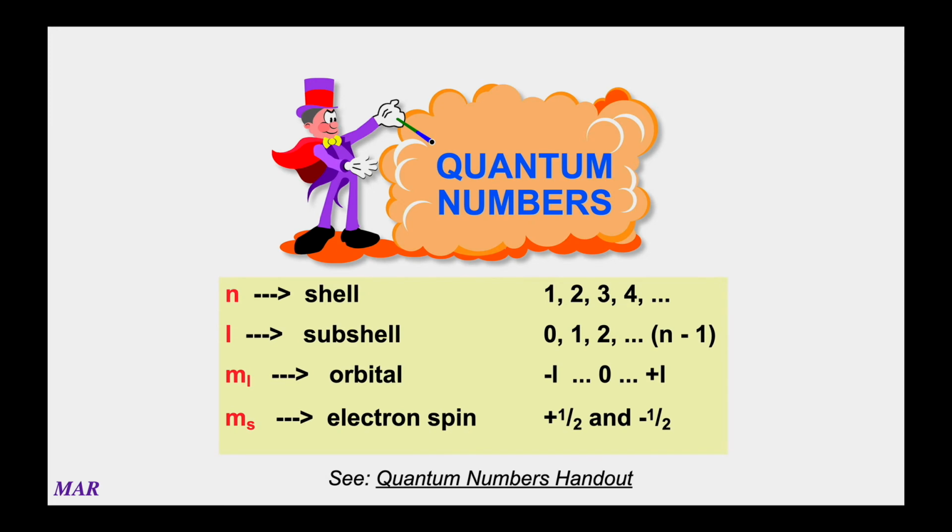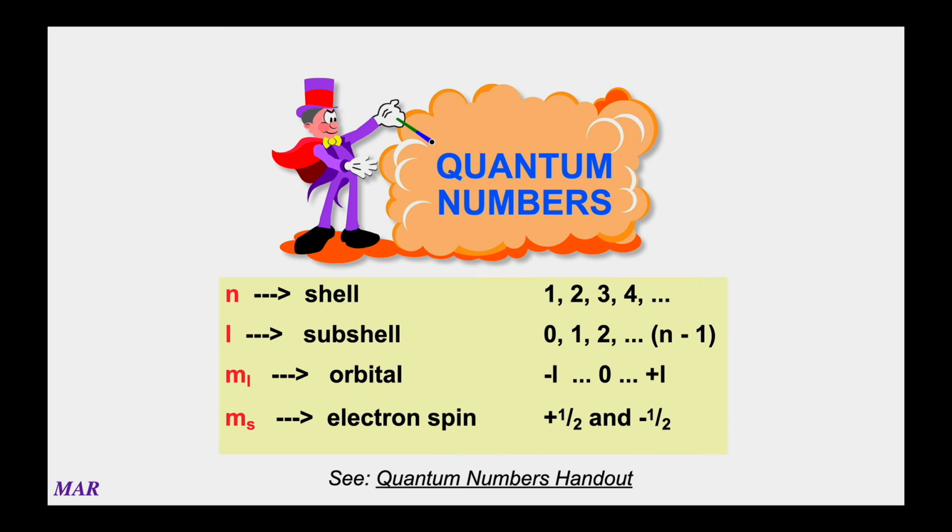When all four quantum numbers are put together, here they are: n, l, and m sub l. Let's review real fast n, l, and m sub l. N is always a whole number starting at 1, and in theory it goes up to infinity in whole numbers. Never negative, never 0. Subshells have an n dependence. As we saw in the last section, when n equals 1, then l can only equal 0.